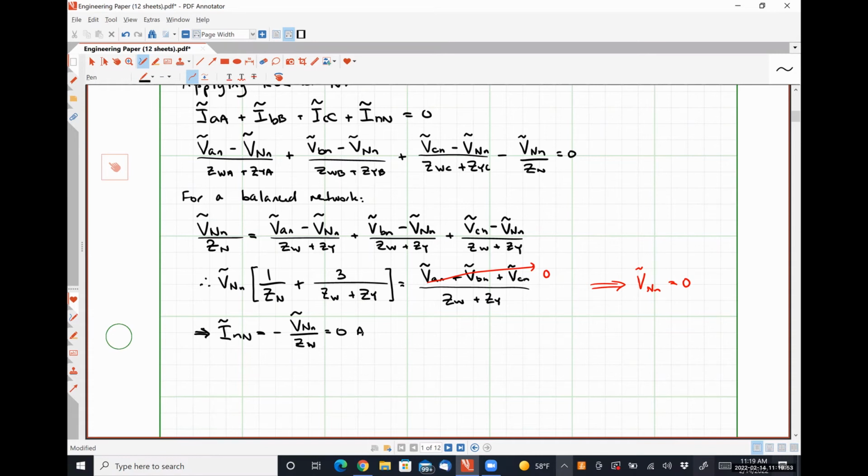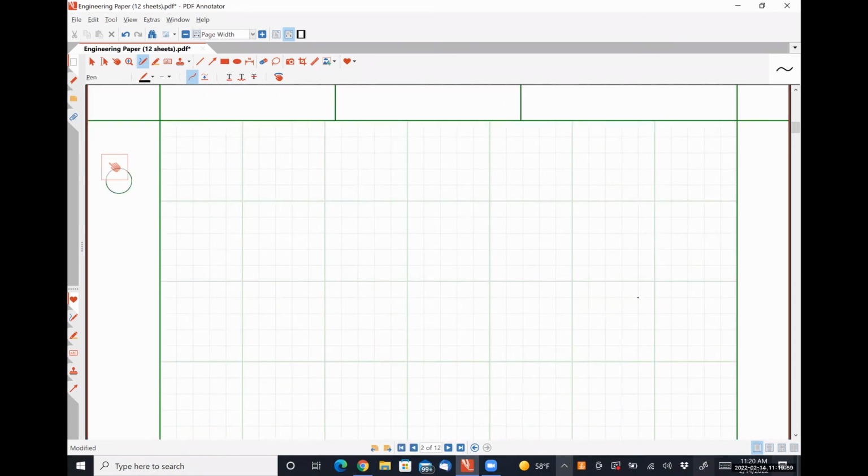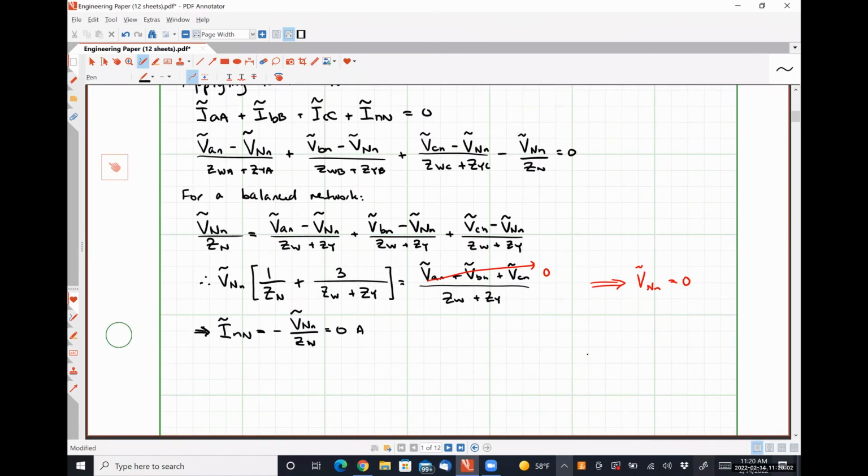So if IAN is equal to 0, let's talk about our other line currents here real quick.